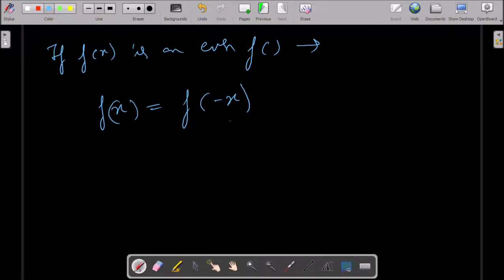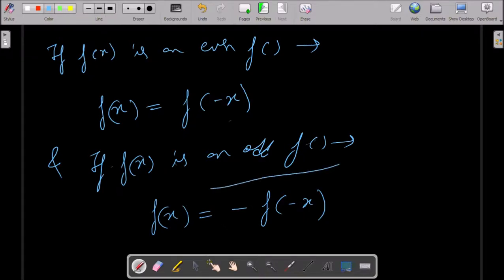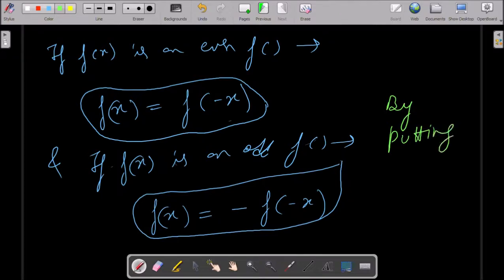And if f of x is an odd function, f of x will be equal to minus of f of minus x. So these two formulas should be remembered. We will check the odd and even property by putting x as minus x in f of x.